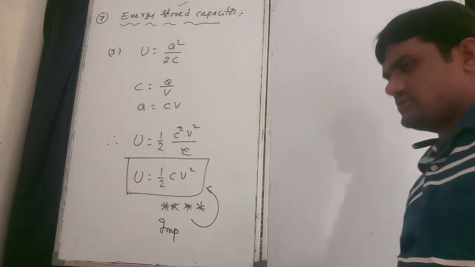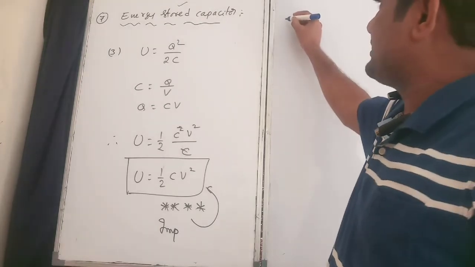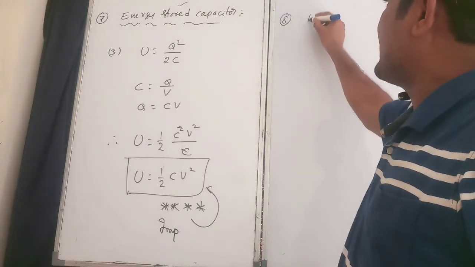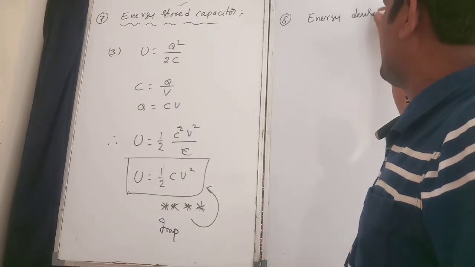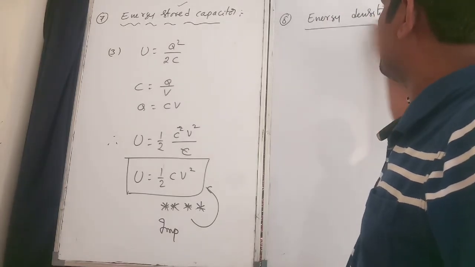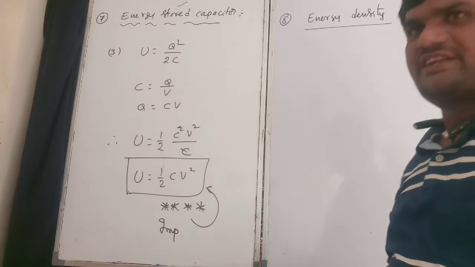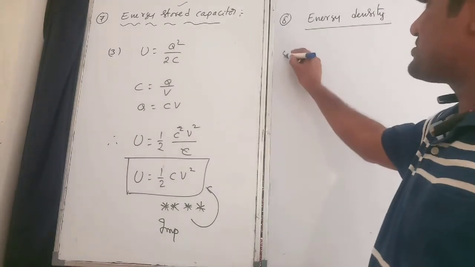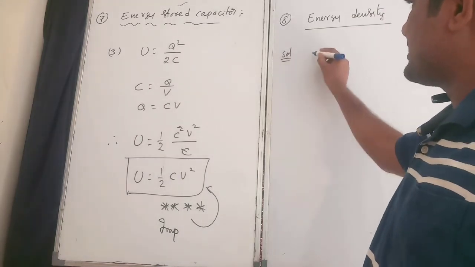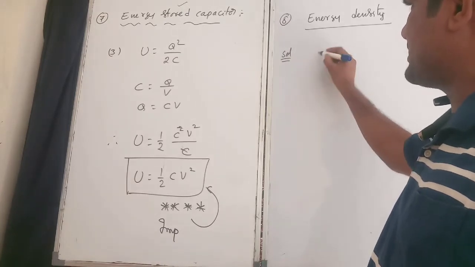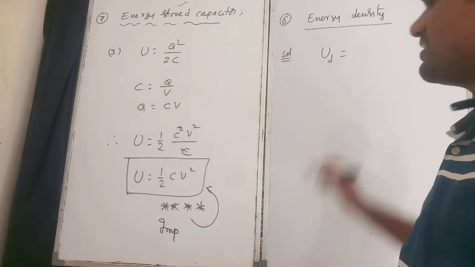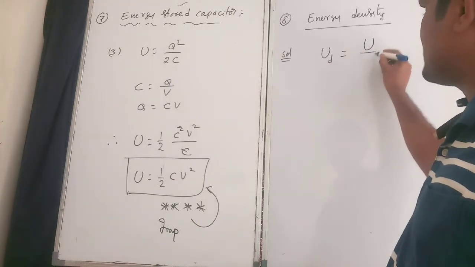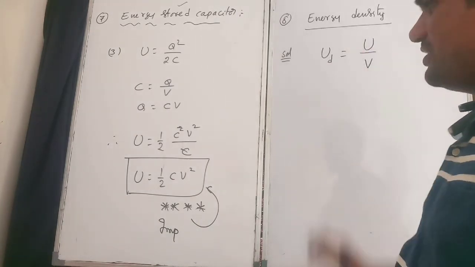Next, eighth question. Energy density. What is energy density? Energy density is represented as UD. It is the potential energy per unit volume.